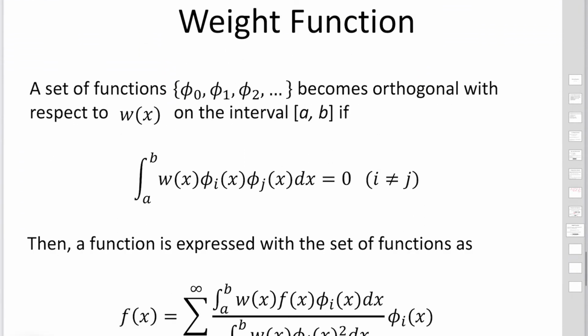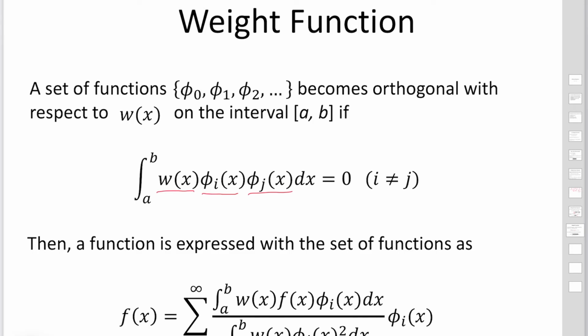Sometimes a set of functions phi sub 0, phi sub 1, phi sub 2 becomes orthogonal with respect to a weight function w on the interval a to b, so we need to multiply by w. The integral of the product of phi sub i and phi sub j with w becomes 0 when i is not equal to j.